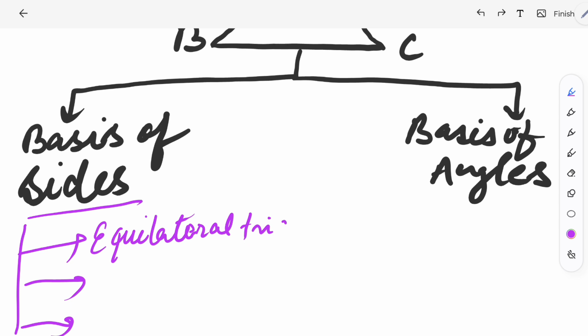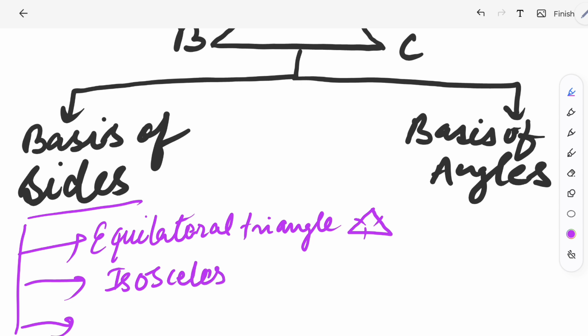An isosceles triangle means a triangle whose only two sides are equal.